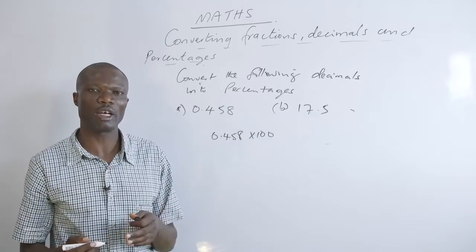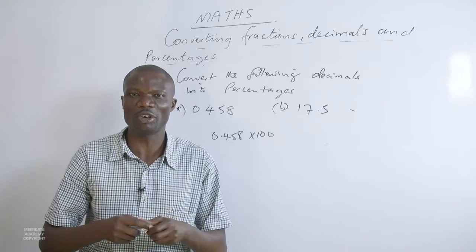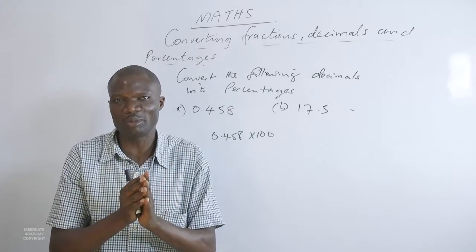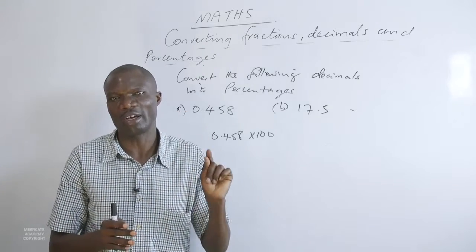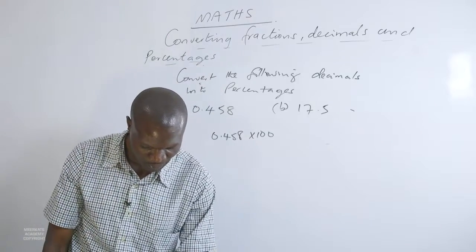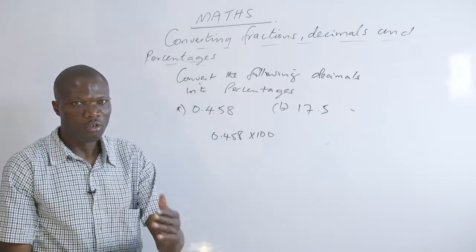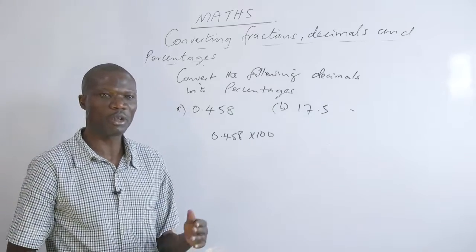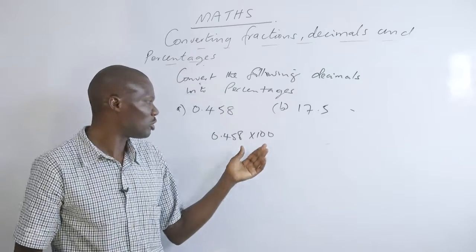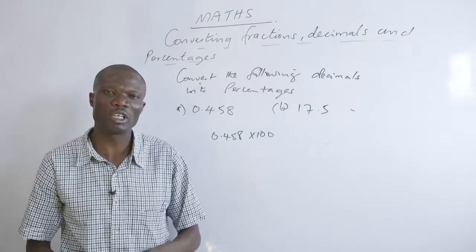0.458 multiplied by 100. What happens when you multiply a decimal by 100? Ask your colleague, what happens to the decimal point when you are multiplying a decimal by 100? From your discussion, you should have come up with this: the decimal point will move to the right 2 steps, because of the 2 zeros that make up 100.